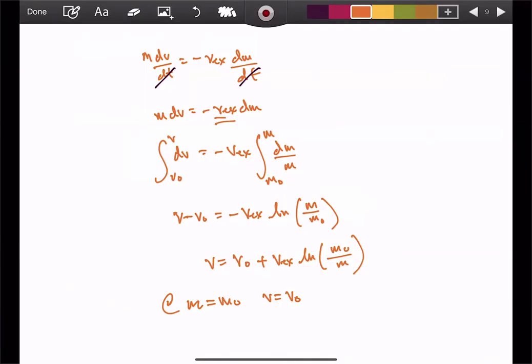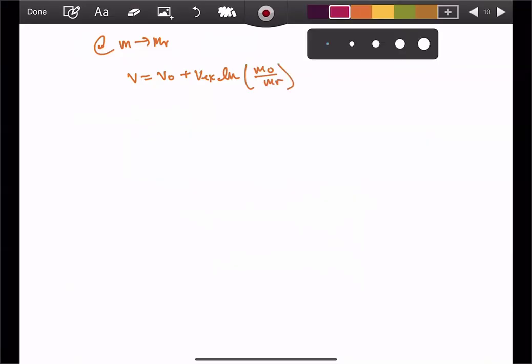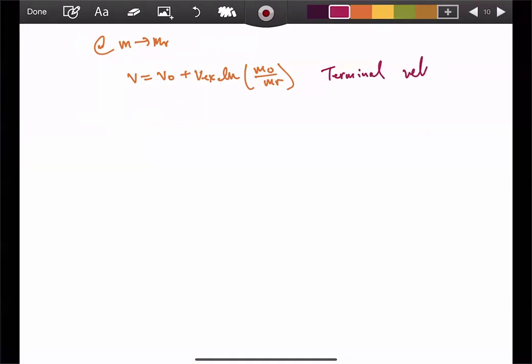So in this case, the velocity is growing. So finally, what we know is then at m goes to m_r, my final velocity will be equal to the initial velocity plus v expulsion times the natural log of simply the initial mass to the mass of the rocket. And this is when it reaches terminal velocity.